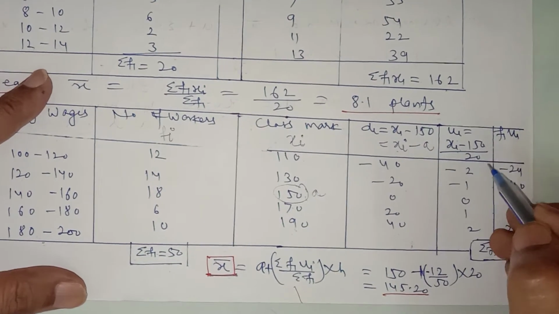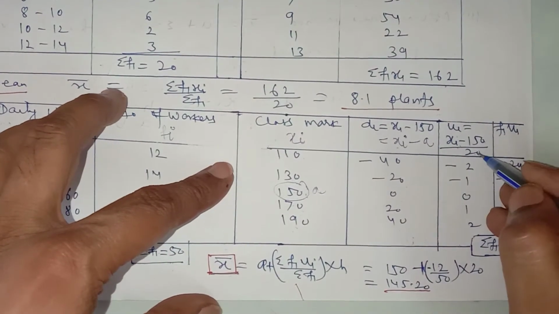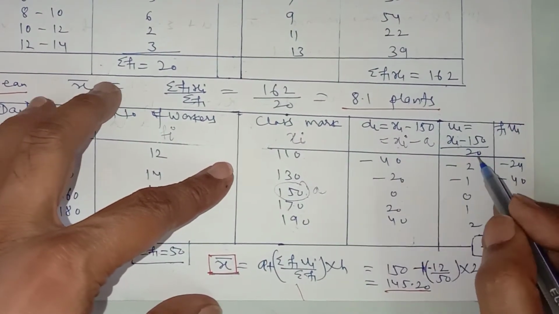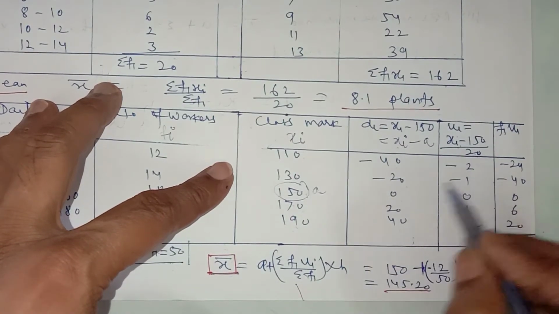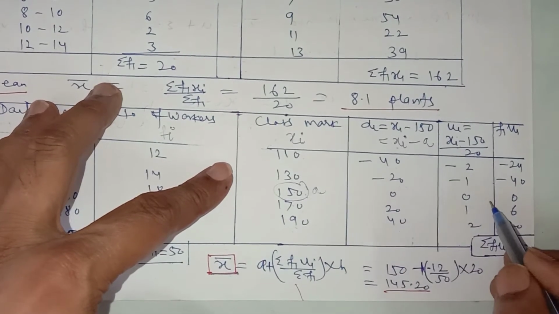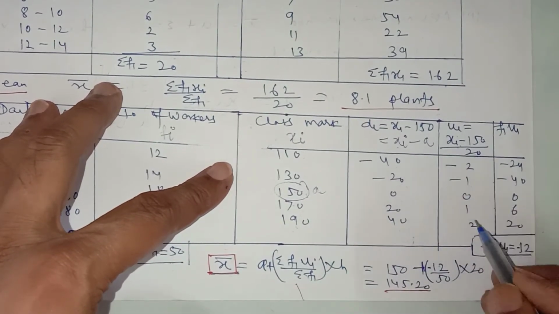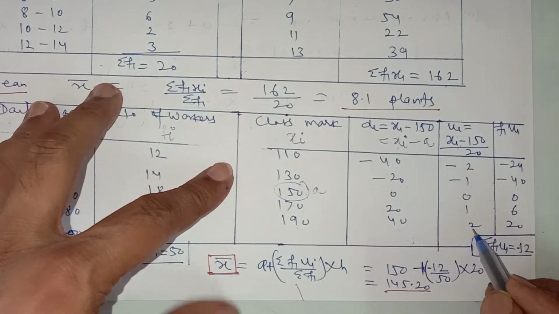It is obtained by dividing xi minus a by h, which is 20. So minus 40 divided by 20 is minus 2, minus 20 divided by 20 is minus 1, 0 divided by 20 is 0, 20 divided by 20 is 1, and 40 divided by 20 is 2. This is ui.